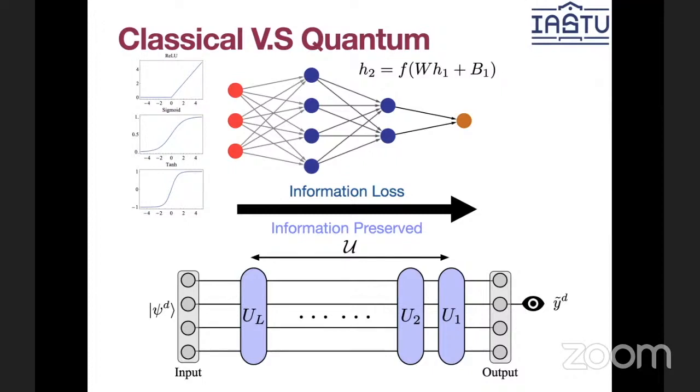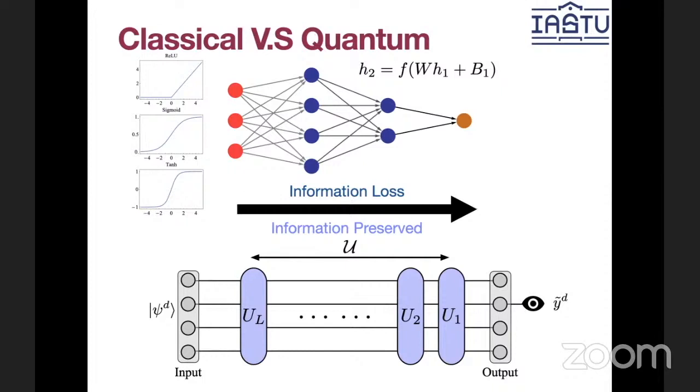However, because of the nonlinear activation function, it's very hard for us to recover the input data from the output of this classical neural network. So we call the classical neural network information lost. While for this quantum neural network, because all the transformations of the input wave function are unitary, which means they are all linear transformations.